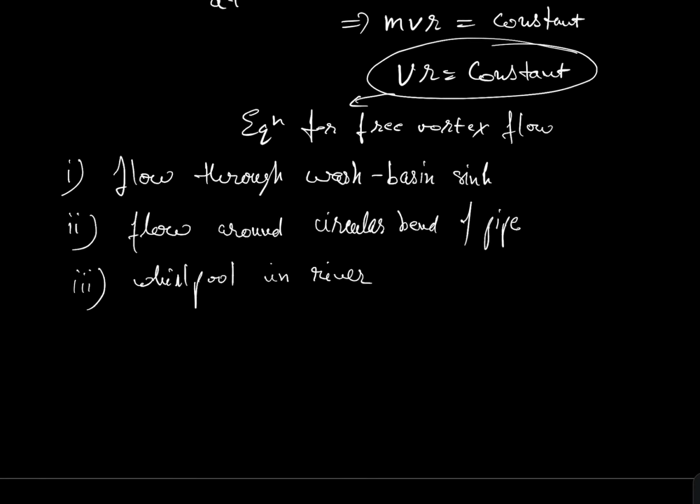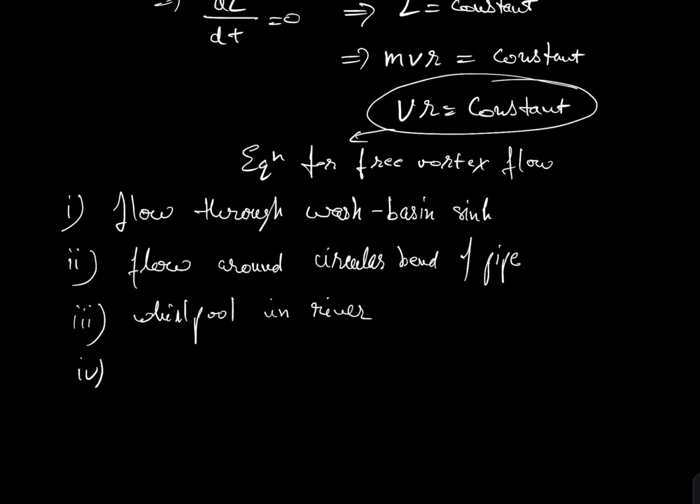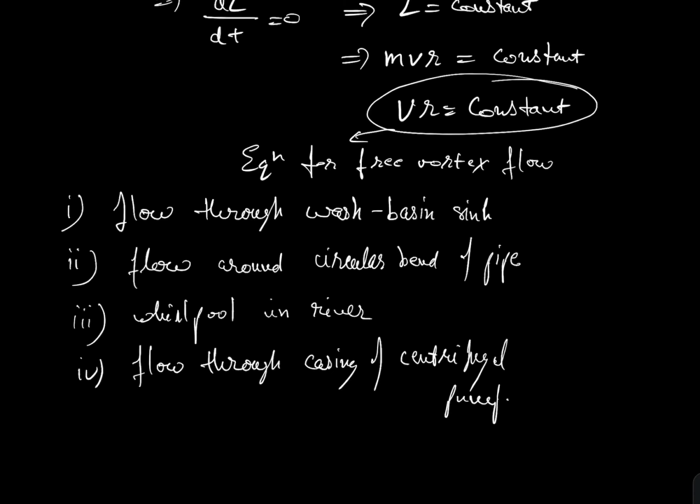Or we can say flow through the casing of a centrifugal pump. Flow through the casing of a centrifugal pump, right? So these were some examples of free vortex flow.